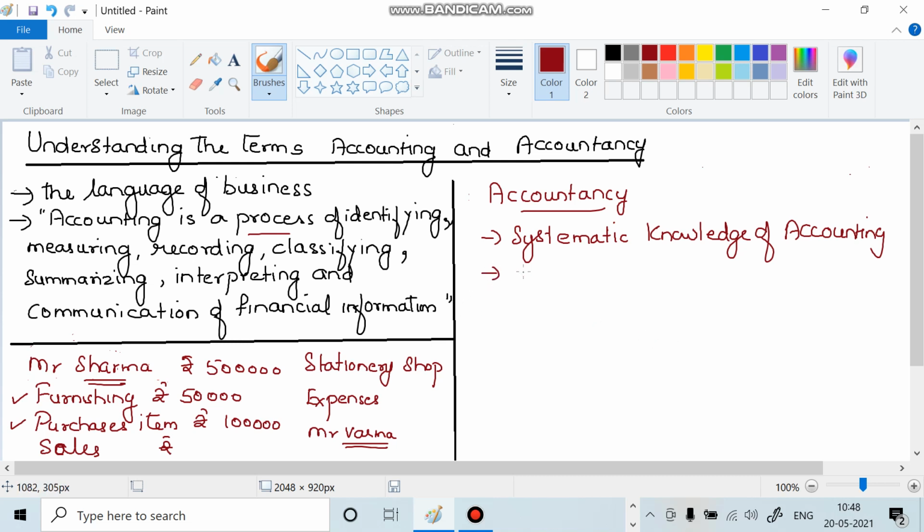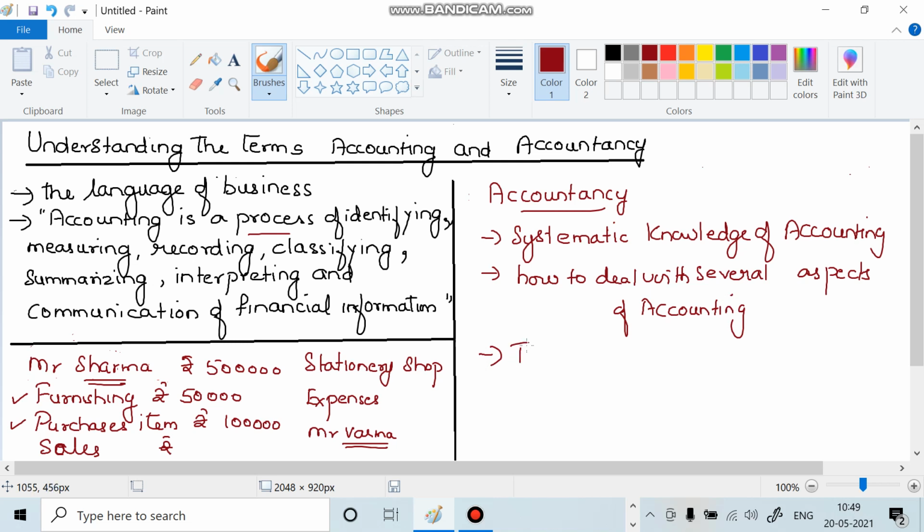It helps us by telling us how to deal with several aspects of accounting. So what is the first step? As we have just learned, it is identification of transactions. And then we follow it up with measuring, recording. How it is to be done, in what manner, and how each of the steps is going to be done, that body of knowledge which comprises all that is called accountancy.